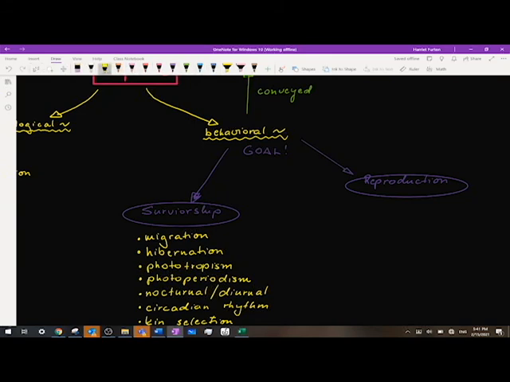Reproduction also just elicits a behavioral response in order to keep up with reproduction, like marking territories as well as the courtship.